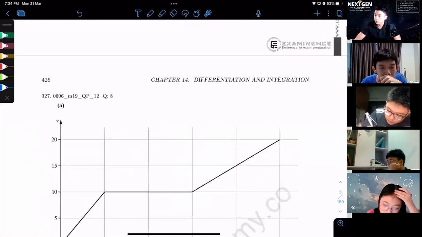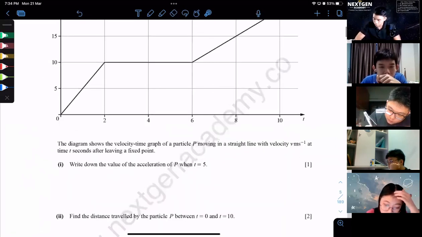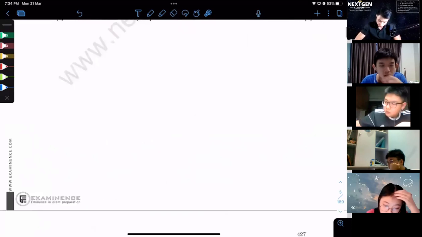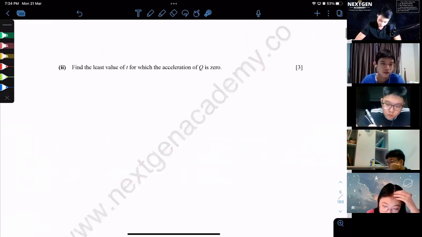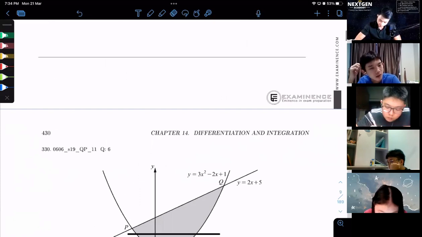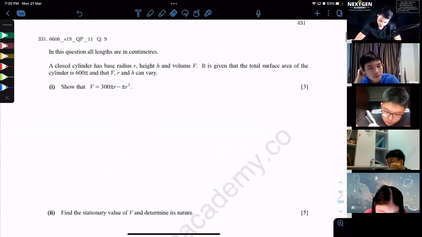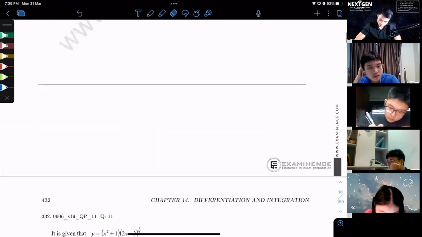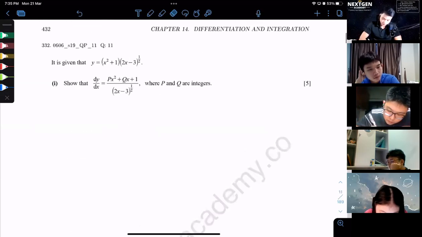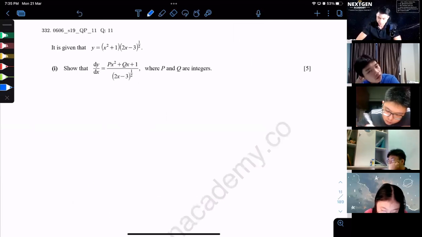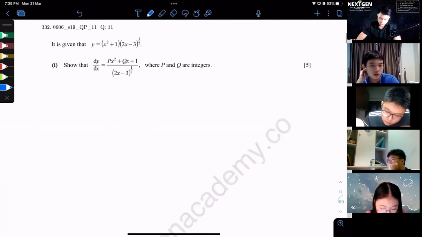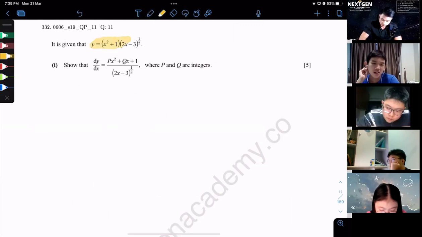Okay, let's jump to 332. Most of these are integration kind of questions. Maybe I missed a few, but we can just do this first. 2019: it is given that y equals x squared plus 1, times 2x minus 3 to the power of 1 over 2.